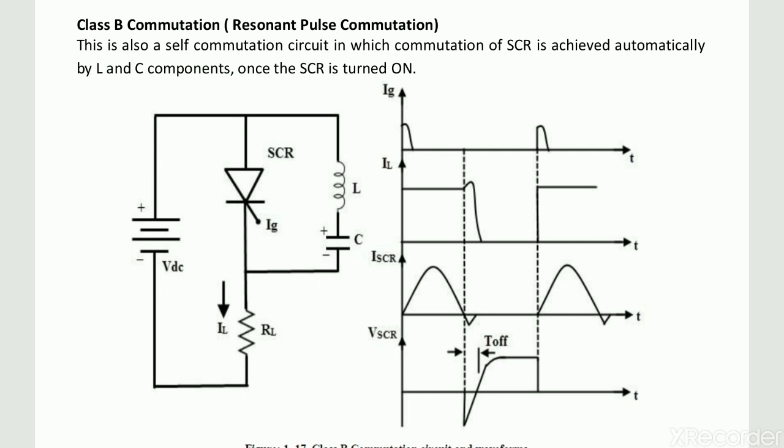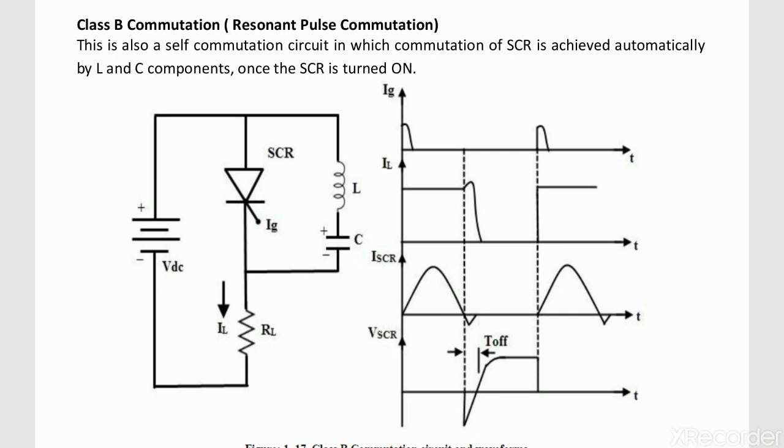Once the SCR is turned on, the capacitor starts discharging through C, L, T, T meaning the SCR, and again C. When the capacitor is fully discharged, it starts charging with reverse polarity. Hence the reverse voltage is applied across the SCR.